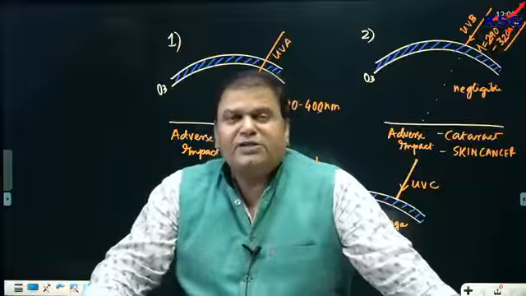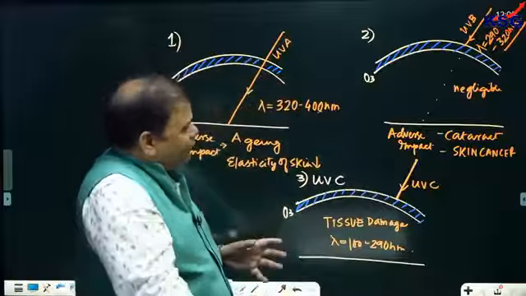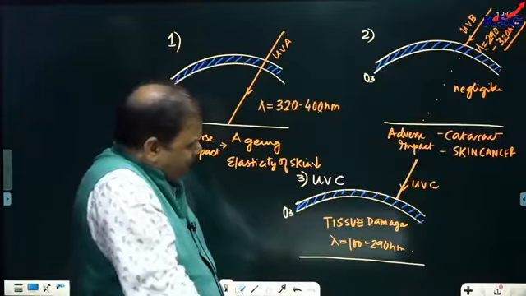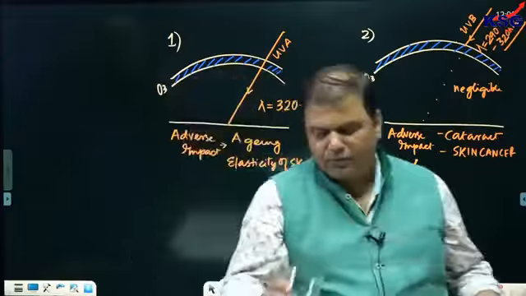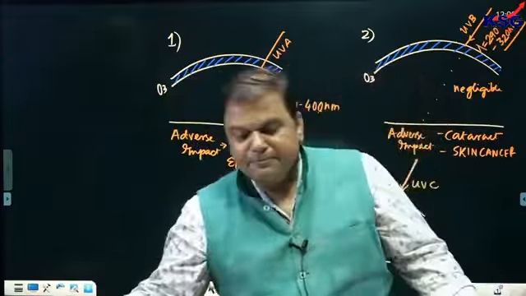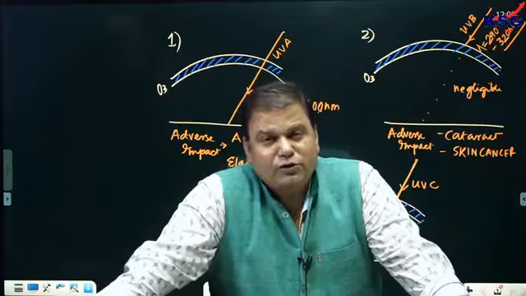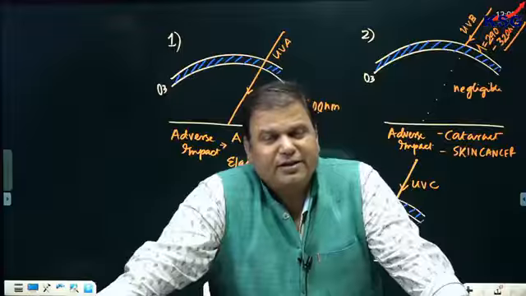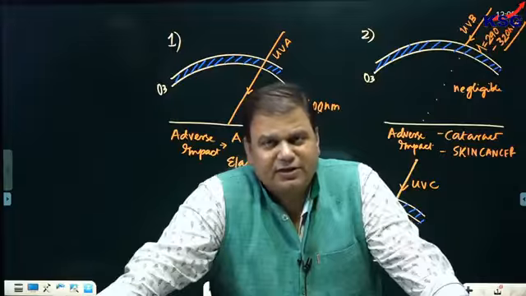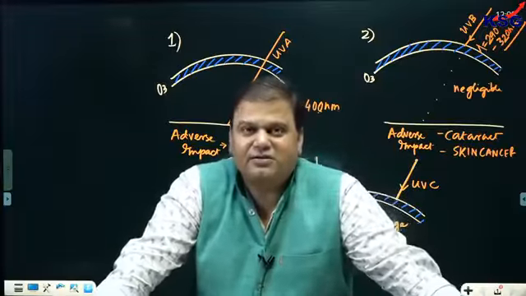As far as troposphere is concerned, if you talk about the National Air Quality Index of India, it consists of 8 indicators.